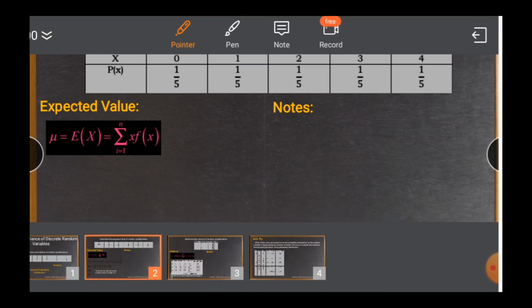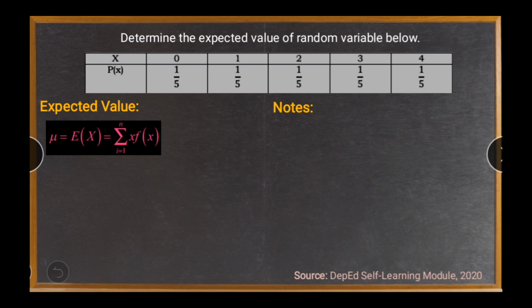We can actually rewrite this one as the summation of x times the function, which is the probability. By the way, I'm going to transfer that one in the notes.